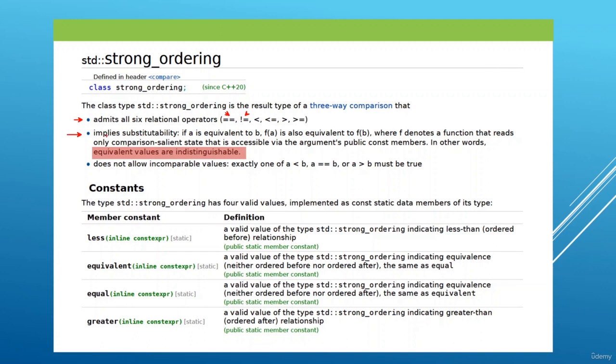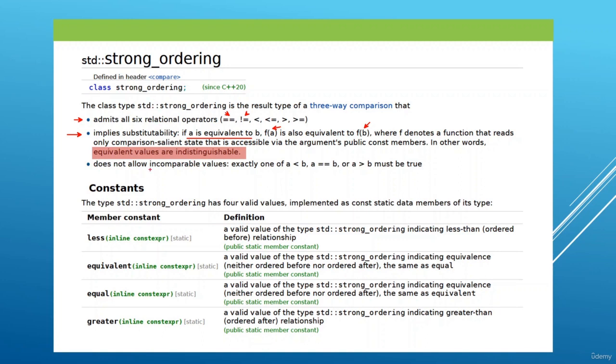This kind of type is going to imply that if A is equivalent to B, any function we can apply on A is going to also be equivalent to any function we apply to B. And what this really means is that A and B are indistinguishable. You can't distinguish them. If you say that A is equal to B, they are absolutely equal. You can't really differentiate between A and B. This is what we mean by absolute equality that strong ordering supports.